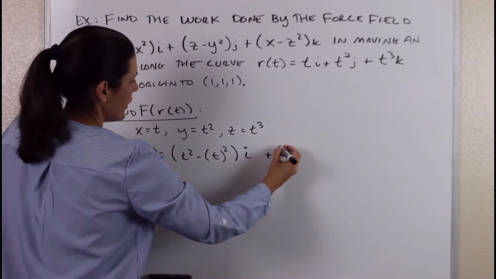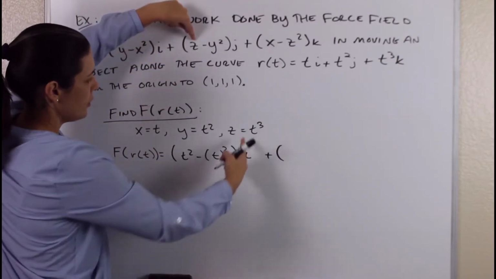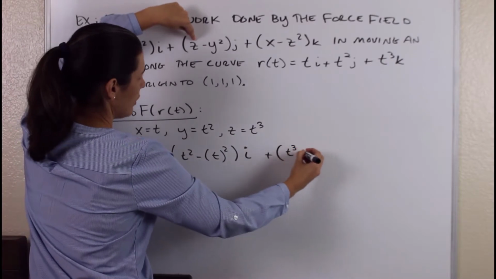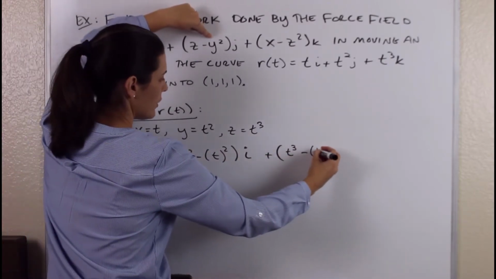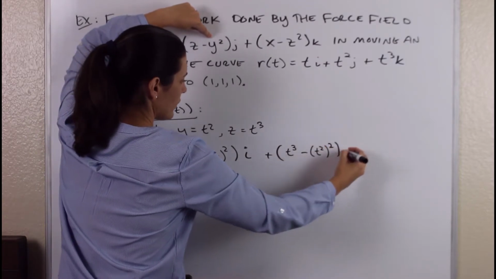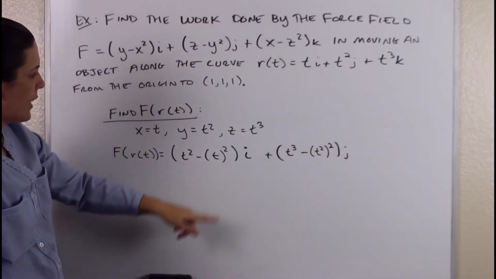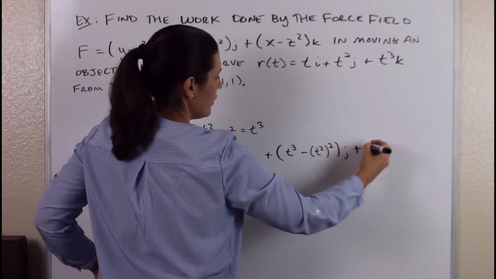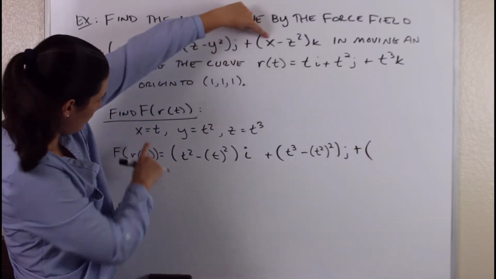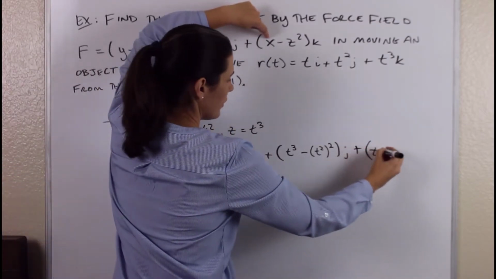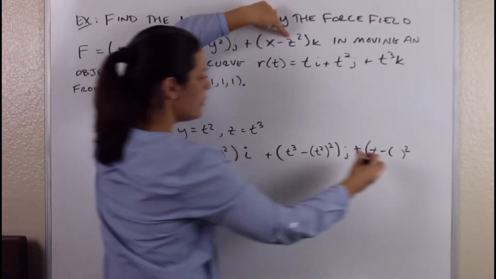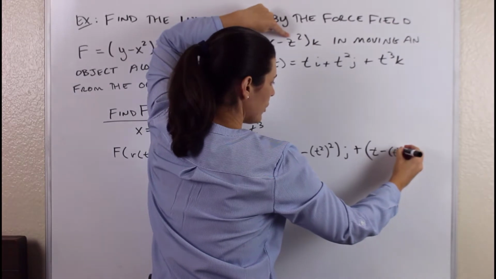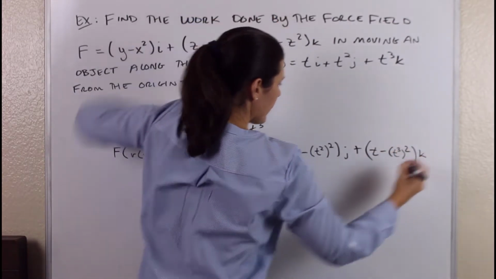Next, for the j component, we have z, which is t cubed, minus y squared, which is t squared quantity squared. Then last, our k component, we have x, which is just t, minus z squared, but z is t cubed, so t cubed quantity squared for k.